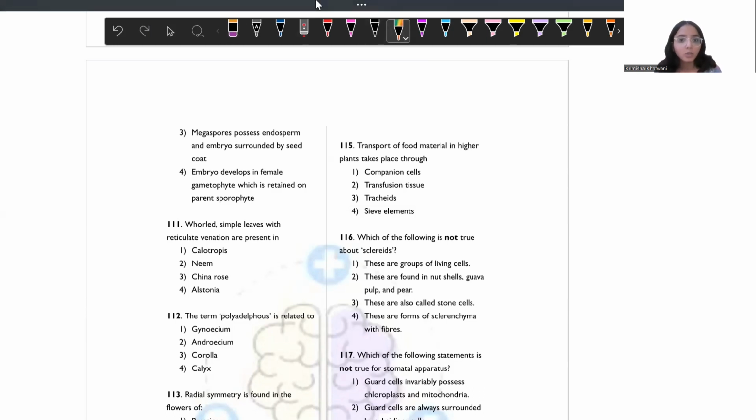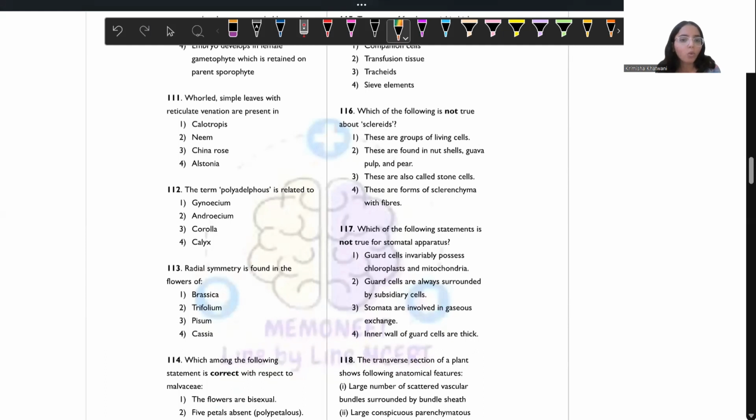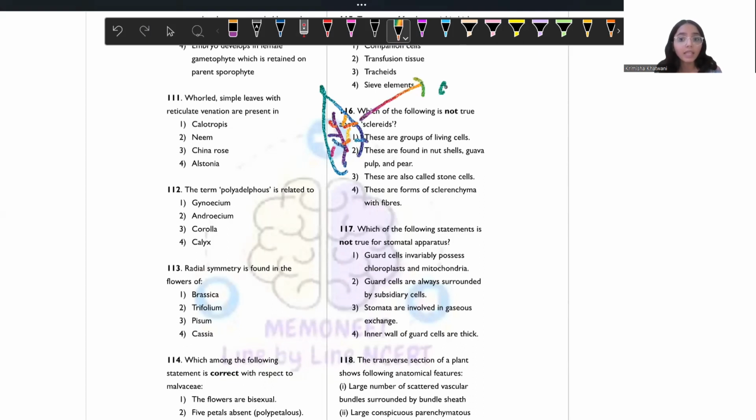Okay, so coming to question number 111. What does it say? Old and simple leaves with reticulate venation are found in... Understood?